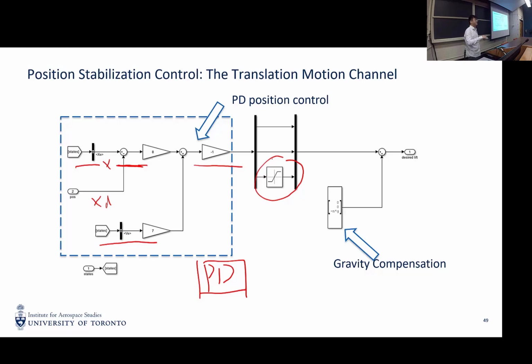So we need to saturate if the control signal is too large. Finally, we need to add a gravity compensation force so that we have a lift. So that the F_d consists of the correction force as well as the force to compensate for the gravity. So it's the same as in the 2D case.